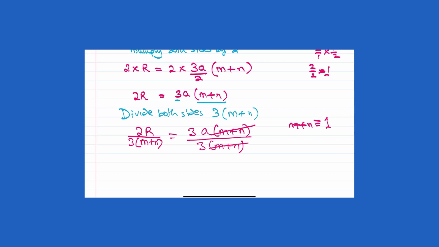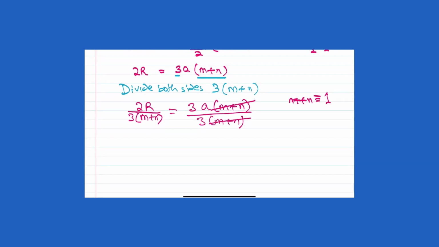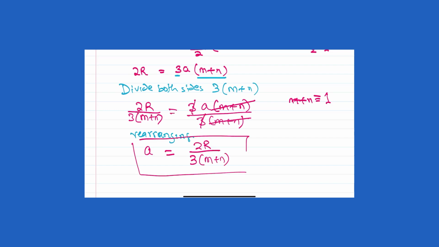So this will cancel out. We divide each other and 3 will also go. So we can now come here and say rearranging, just to introduce sanity into our work. And we have a = 2r over 3 × (m + n). And this will be the formula.